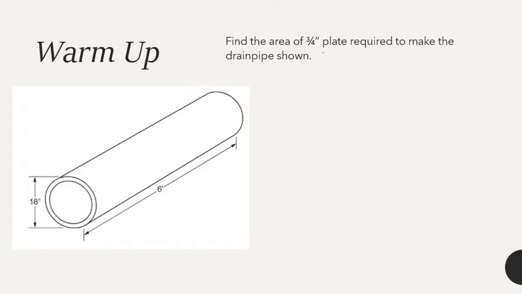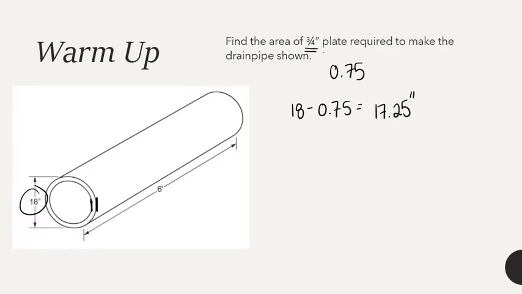Let's see it in a problem. We're given an outside diameter of 18 inches, and we know that we have 3/4 inch plate, which is going to be one wall thickness. It'll be 3/4 inches. Okay, so to get from an outside diameter to an average diameter, 18 minus one wall thickness equals 17.25 inches.